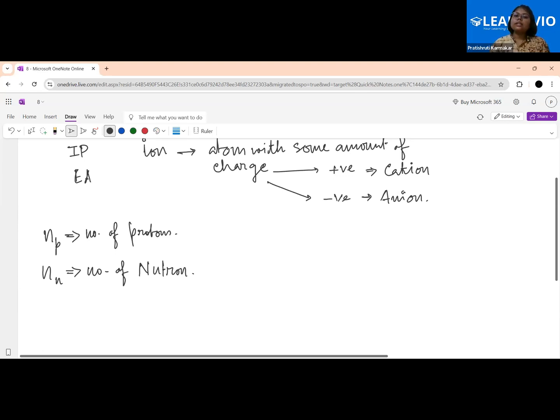Now this thing is the atomic number. So the atomic number of hydrogen is 1. That means that hydrogen has only one proton in its nucleus, right? Now what is atomic mass?